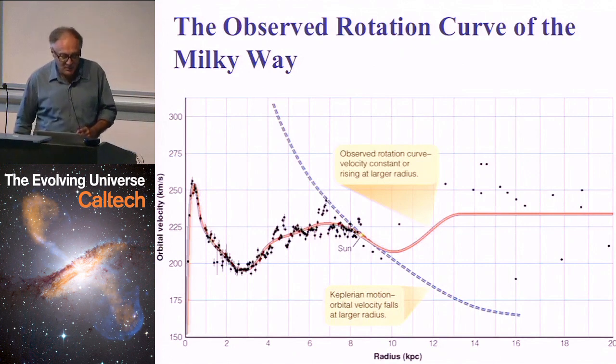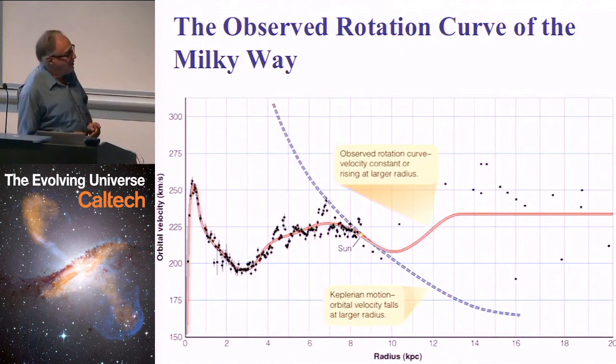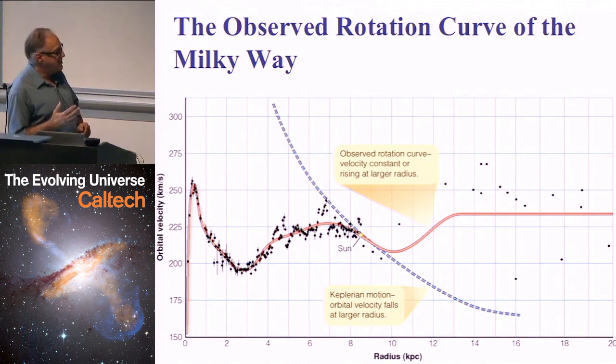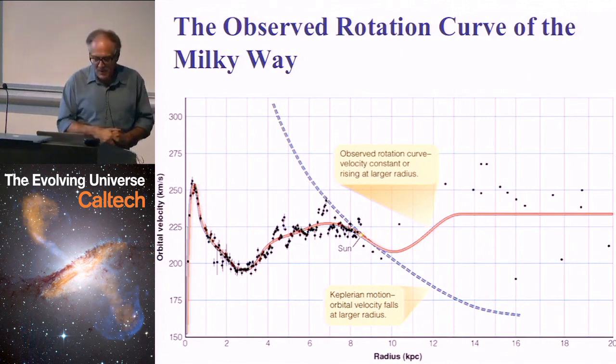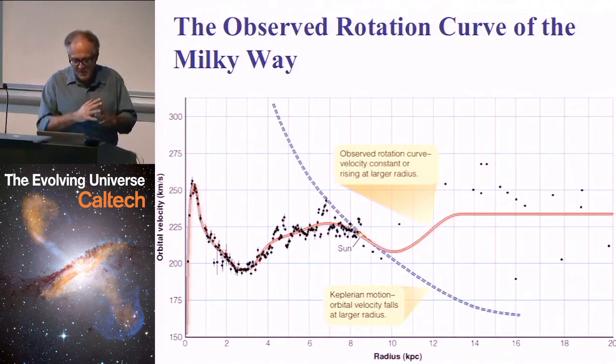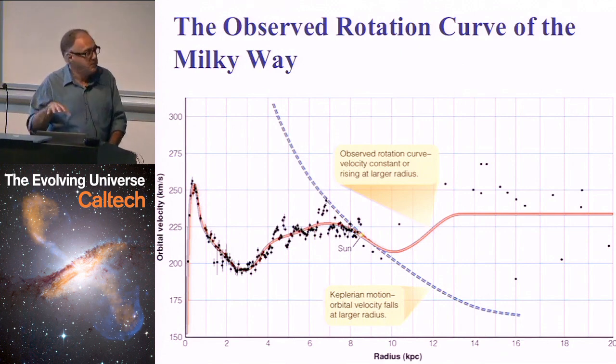And here it is. This is what the observed rotation curve of the Milky Way looks like. Rotation curve meaning its linear velocity, in this case tangential velocity, as a function of radius. And there is a lot more mass in the middle, then it kind of goes down, but then flattens out with some bumps and wiggles.